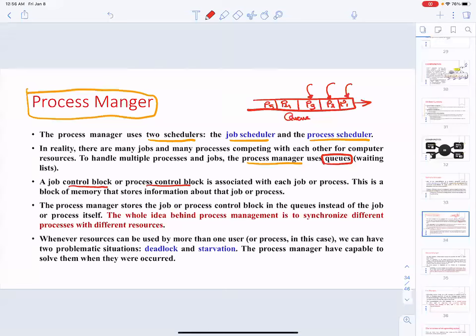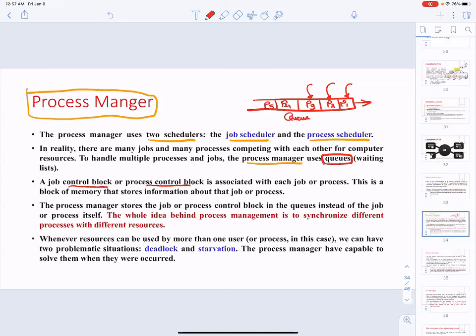This is a data structure that we will talk about later: for every process or job that arrives to the system, it is associated with a block. This block has some information about the process or the job. This is a block of memory that we understand will store information about this job or process.